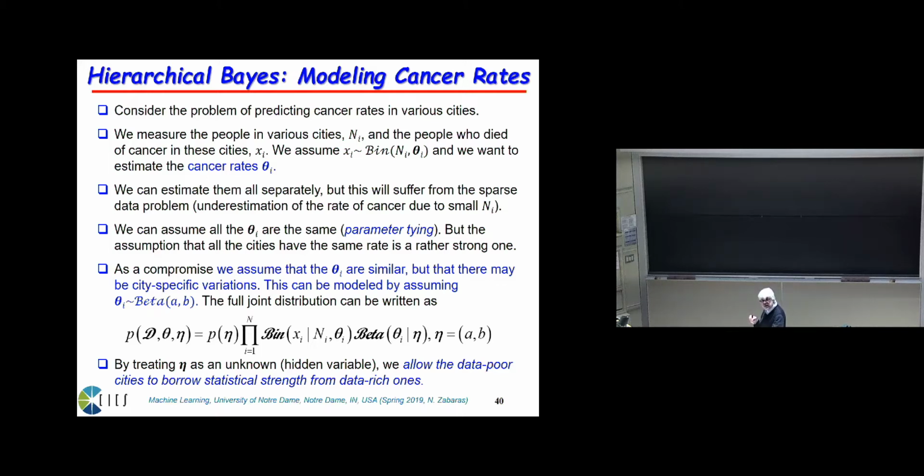It's very important. So there's no way that we will overfit whatever we do with this parameter eta, because we don't have too many parameters eta as theta. So we can have 50 cities, but eta here is only 2 parameters.